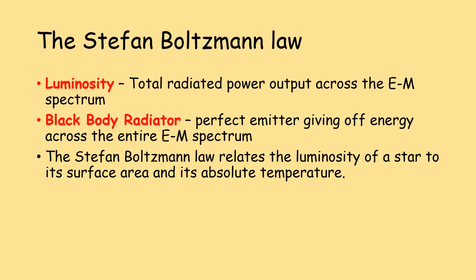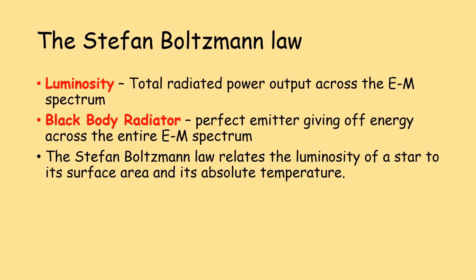So the Stefan-Boltzmann law relates the luminosity of the star to its surface area and its absolute temperature. We are able to determine how big a star is and how hot it is based on the power transmitted from the star.